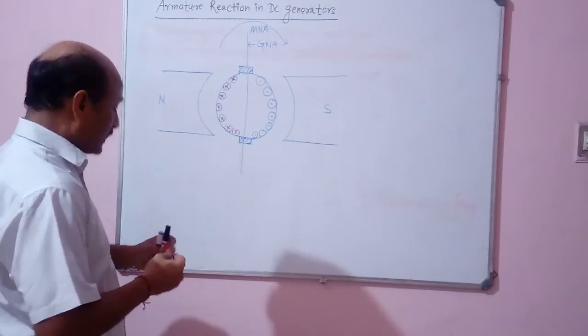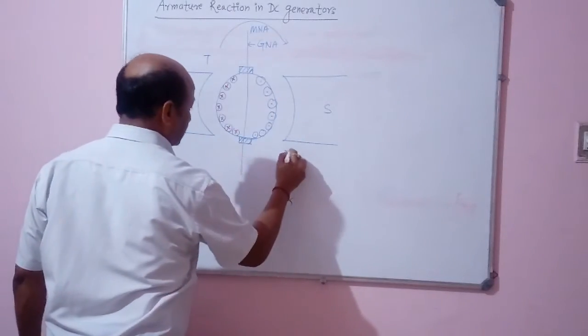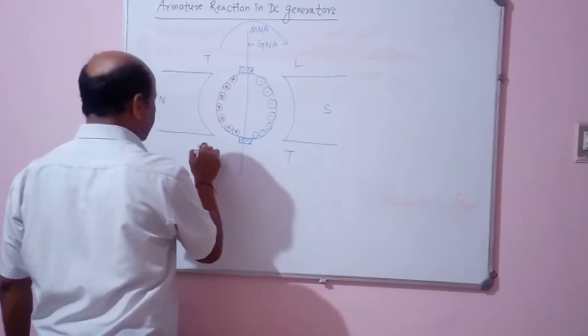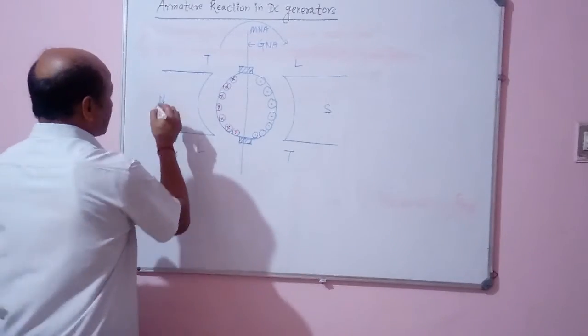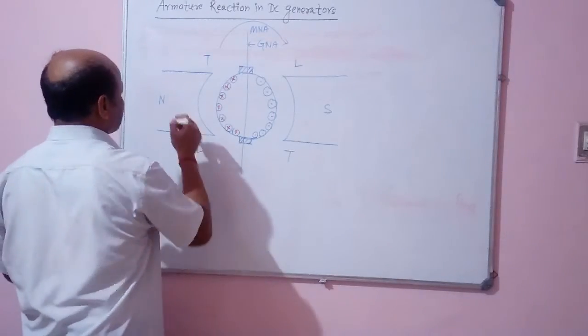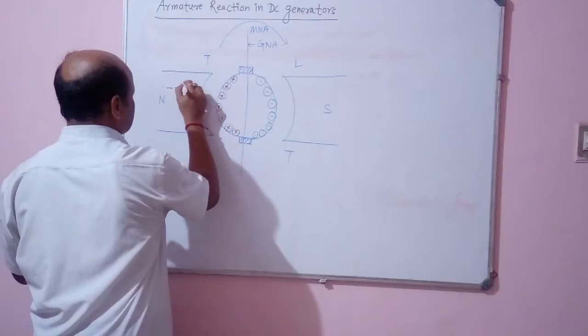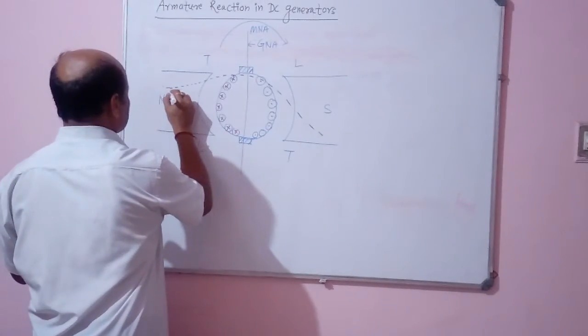So these are the two trailing pole tips and these are the two leading pole tips. Whenever the armature starts rotating, what happens? The direction of the magnetic field will be like this.